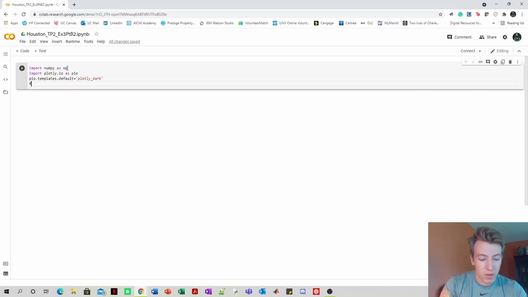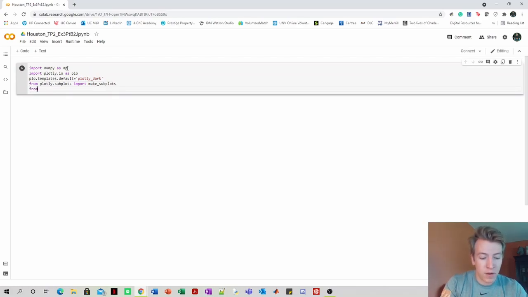Alright, now we can, from plotly.subplots, and what I was saying is that this is going to allow us to create our graphs at the end based off of the data we can calculate. So from plotly.subplots, we want to import make_subplots.